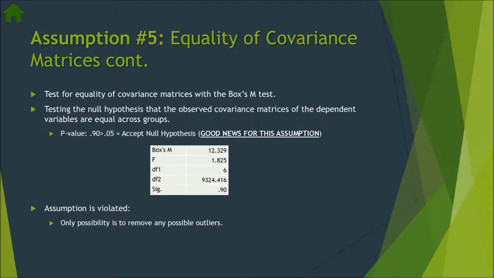However, if this assumption was violated, i.e. we had a significant value of less than 0.05, the only possibility that we have is to remove any of the possible outliers that we identified when testing for significant outliers. Now again, this is up to the researcher whether he or she wants to remove these outliers. However, this is the only possible solution if this assumption is violated.